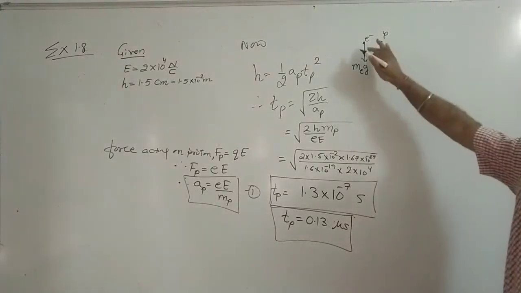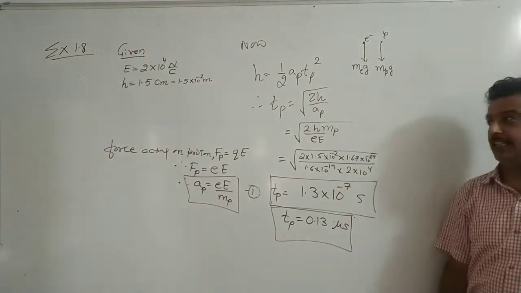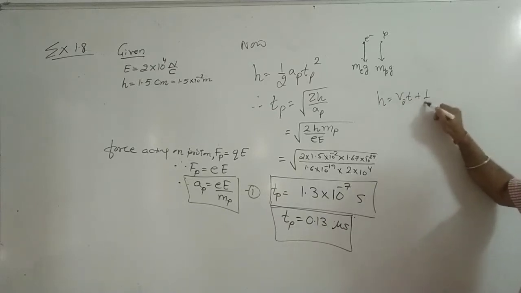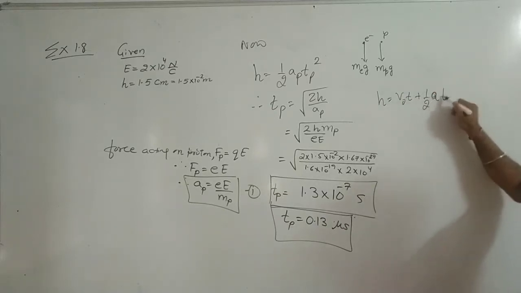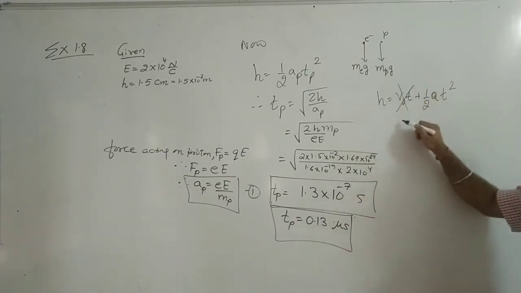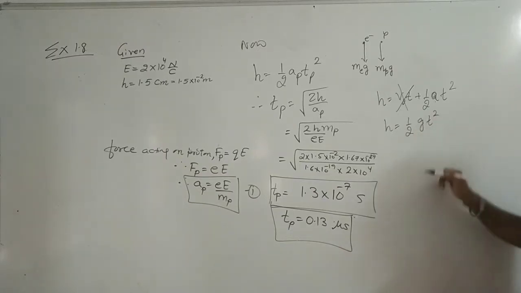Now if they both are falling through the same height in the presence of gravity, then if I use the equation h is equal to v naught t plus half a t square. Now, because gravity is present, it is a free fall, v naught is 0, a can be written as g, so h is equal to half g t square. So here it is clear that the time of fall is equal to the square root of 2h upon g.